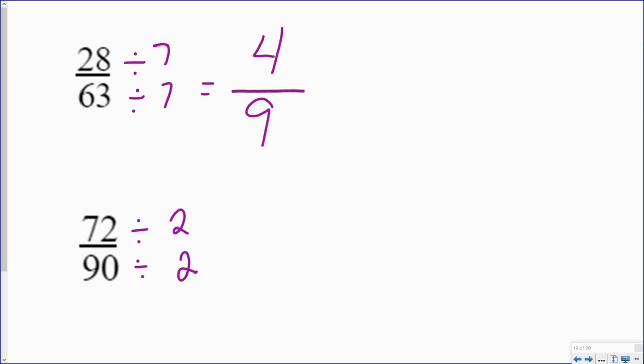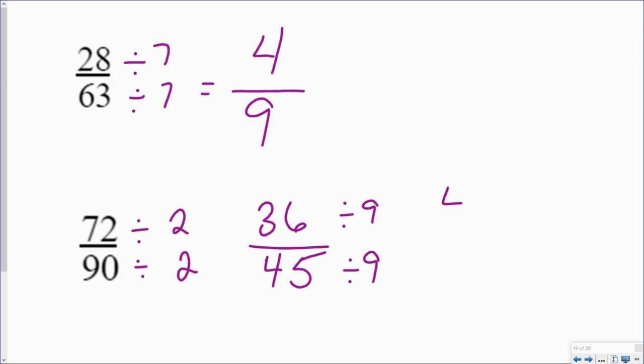So 72 divided by 2 is 36, and 90 divided by 2 is 45. Well, I know that both 36 and 45 are divisible by 9. So 36 divided by 9 is 4, and 45 divided by 9 is 5.